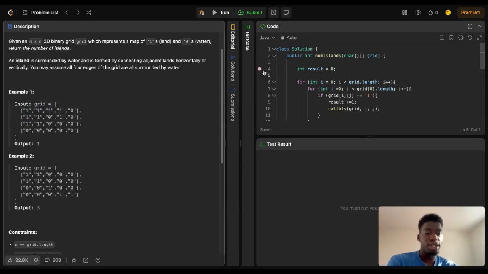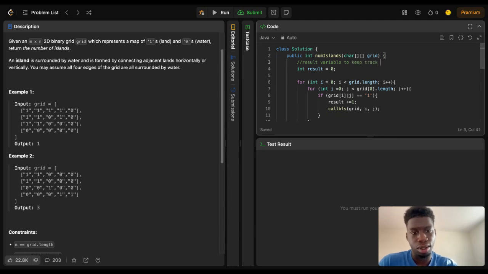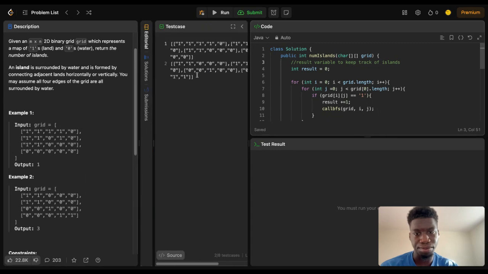So what I did, and how I used the BFS algorithm: first, you have a result variable to keep track of islands. That's simply all that I did first.